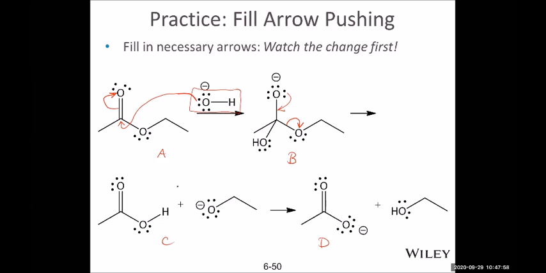Okay, finally, there's the change from C to D. The change is taking place when you see this oxygen attract hydrogen, where this oxygen loses hydrogen. This is typical proton transfer.